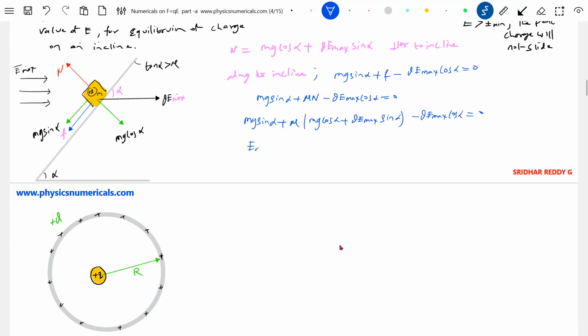So if you solve for E max, I'll end up with mg by q, tan alpha plus mu over 1 minus mu tan alpha.